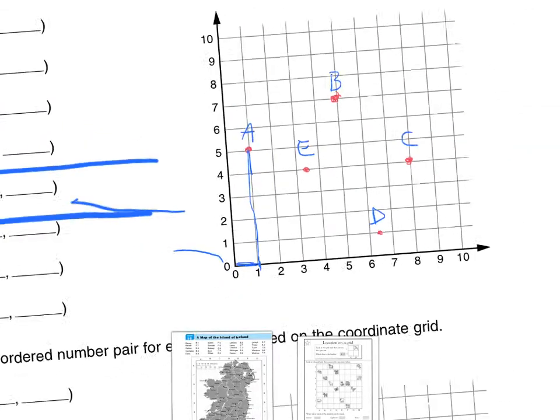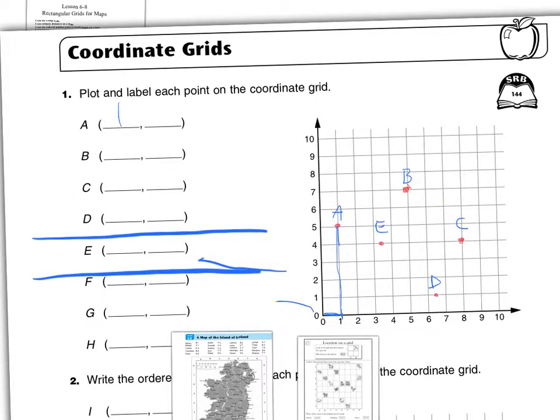So that tells me that A is at 1, 5. Remember, over then up. B would be at, let's count, 1, 2, 3, 4, 5. So it's at 5, and the B is sitting on the 7, so 5, 7. Now C, I go over a little bit further and I get 8. I go up to 4, so it's 8, 4.